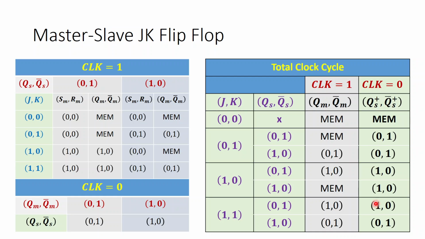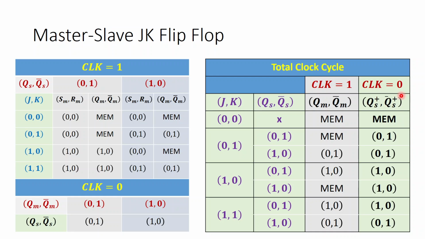The slave output changes at the instant when the clock becomes 0 from 1. It does not change before that, and it changes only then, and it does not change anymore throughout the entire clock equals 0 level.